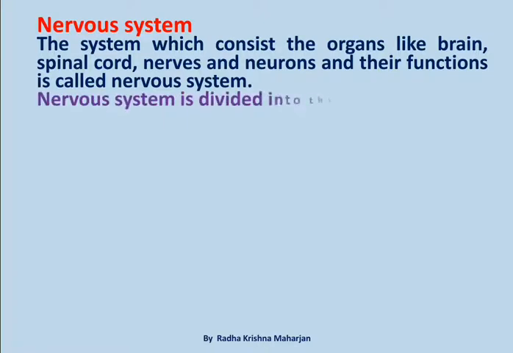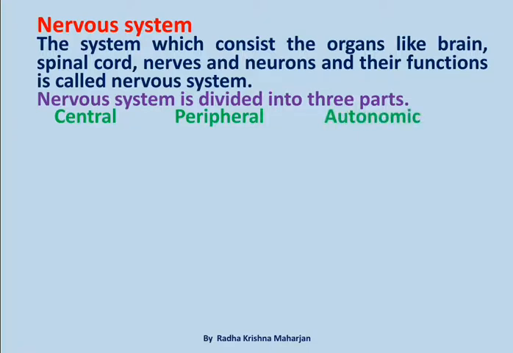Nervous system is divided into three parts: central, peripheral, autonomic.